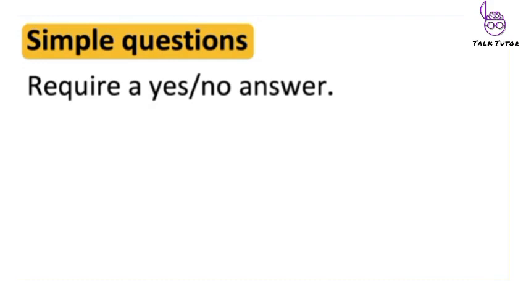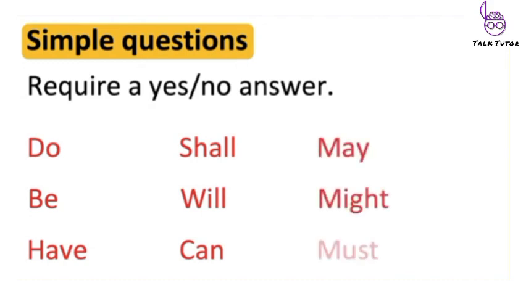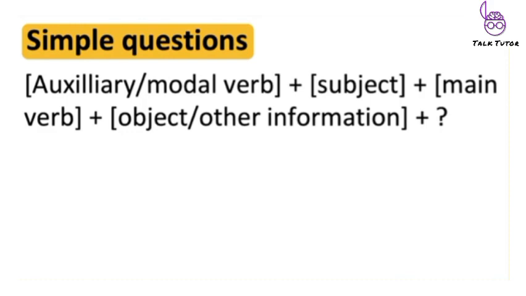Some examples are do, be, have, shall, will, can, may, might, must. The question structure is auxiliary verb or a modal verb plus the subject plus the main verb plus the object or any other information, and then it ends with a question mark.